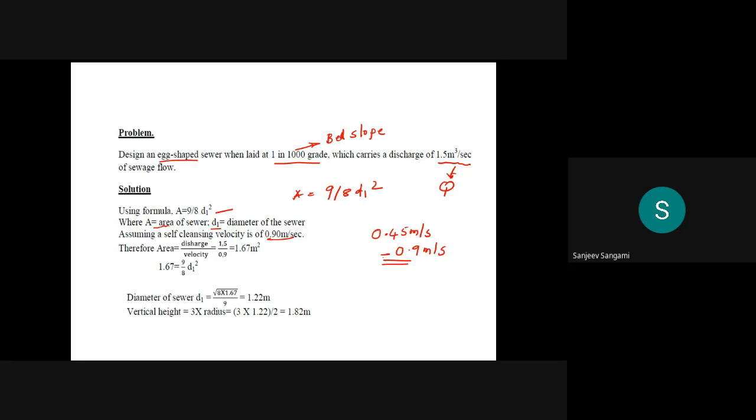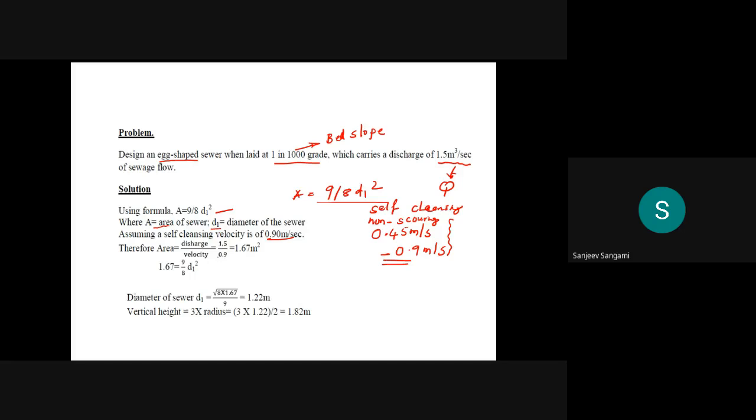So if you want to maintain both self-cleansing and non-scouring, you have to maintain in this range.